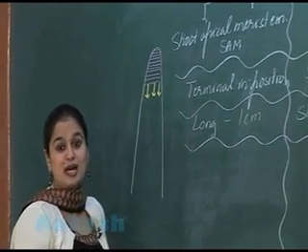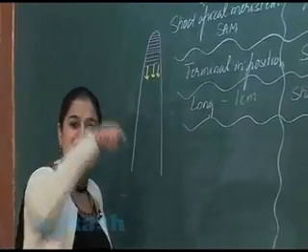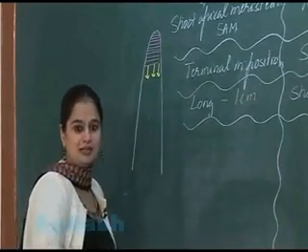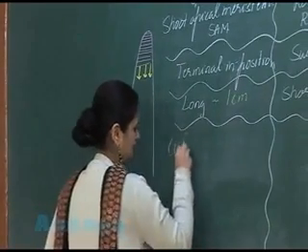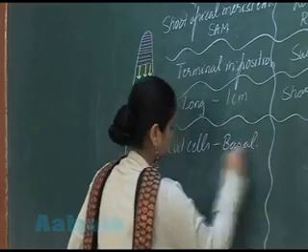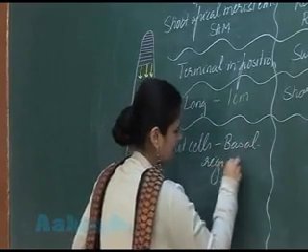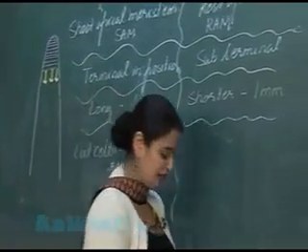When it will show the meristematic activity, it will cut the cells only in the lower side, that is basal position, basal region. Cut cells in basal region. But what about the RAM, root apical meristem?